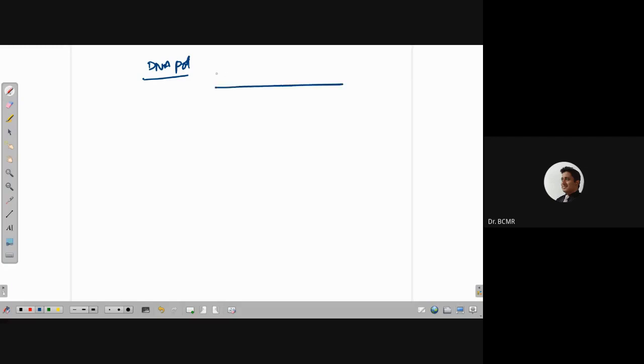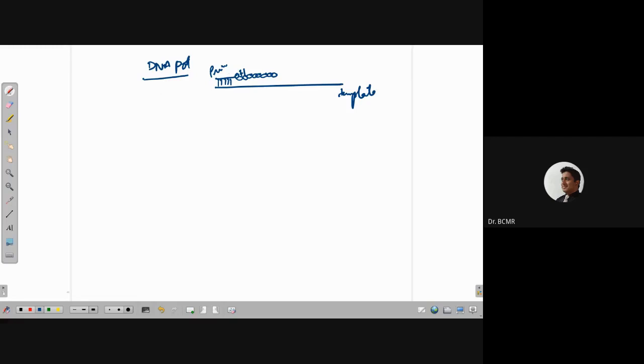It always requires a 3' OH. And the substrate is this primer-template junction. So the top one, you can call it the primer, and this one the template. And DNA polymerase can only add more and more bases to it, something like this, right? That is the problem with DNA polymerase.